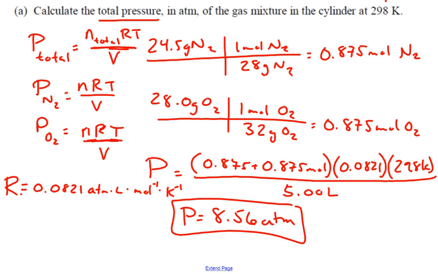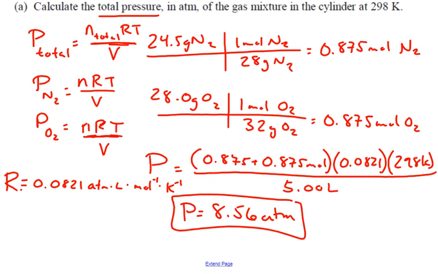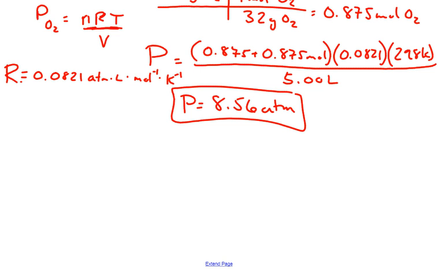So you did have to have the setup all put in there. So that's just letter A. B. The temperature of the gas mixture in the cylinder is decreased to 280, so it's going down. Calculate each of the following.